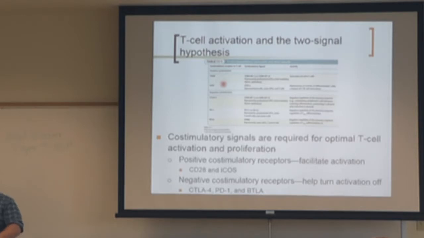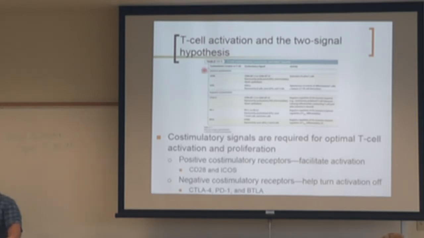We've discovered others. In this list we're just showing you two, but there's at least 10 or more, probably even more, and we're discovering more and more co-stimulatory molecules. And why do we have all these different kinds of co-stimulatory molecules?